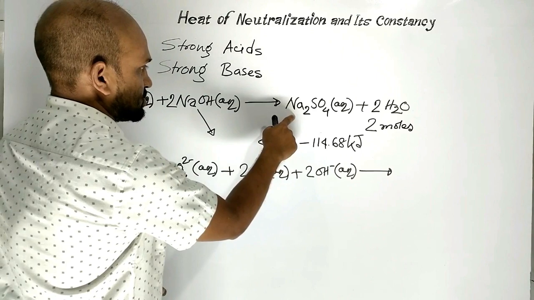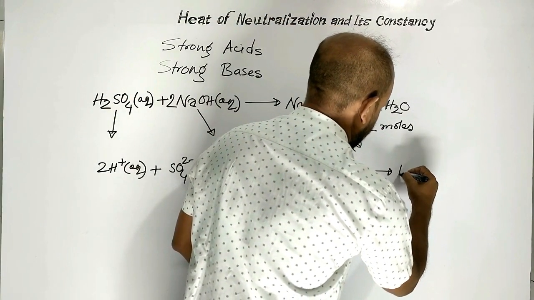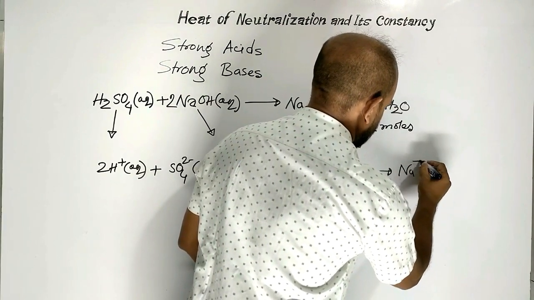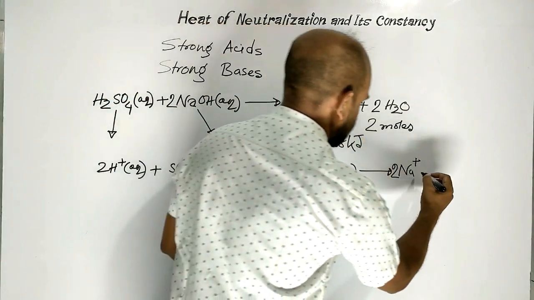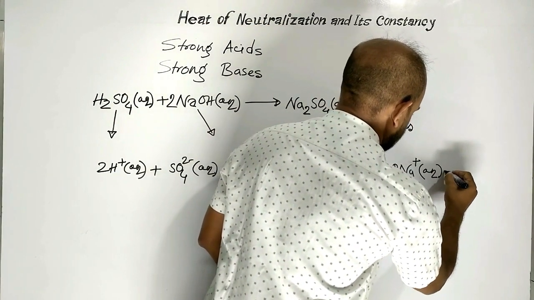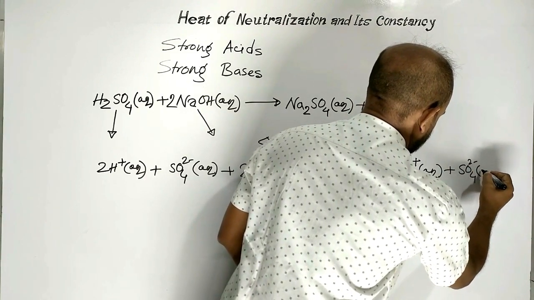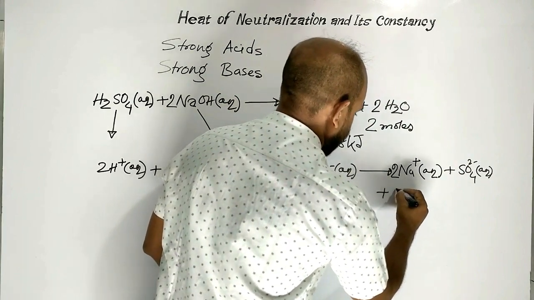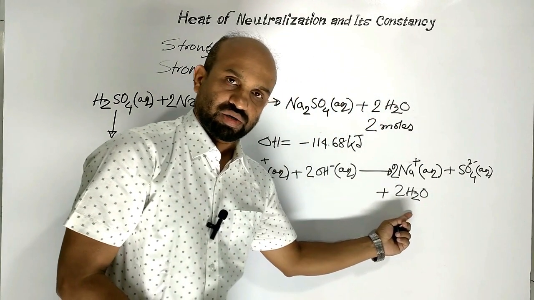The salt is sodium sulfate, which ionizes 100% to form 2 sodium ions and sulfate ion, along with 2 moles water.